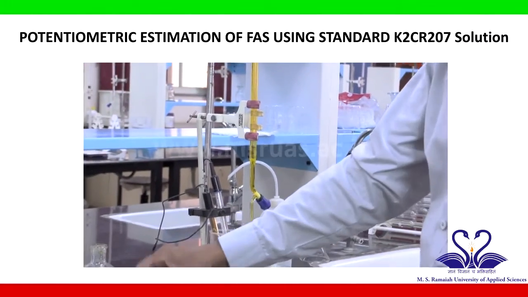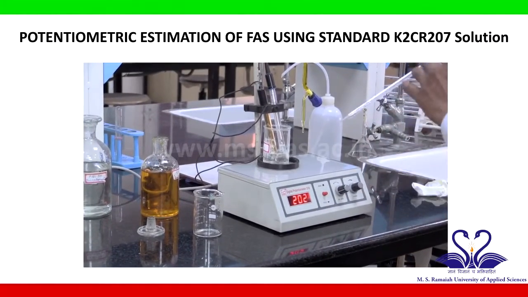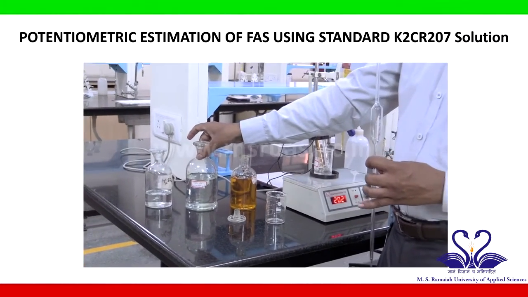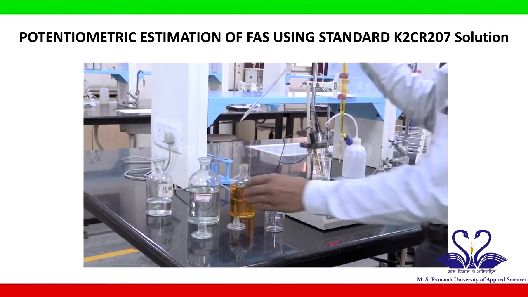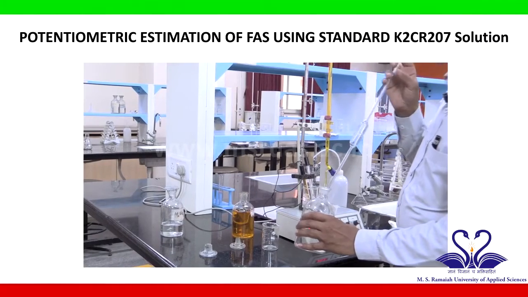Into the beaker we have to take a known quantity of ferrous ammonium sulfate solution. This is the analyte. So using the pipette we are transferring FAS solution into the beaker.